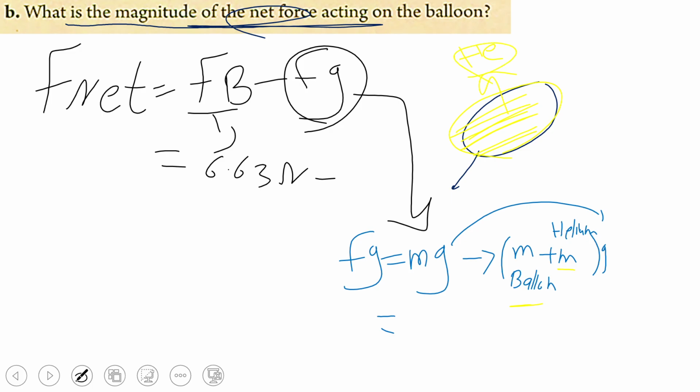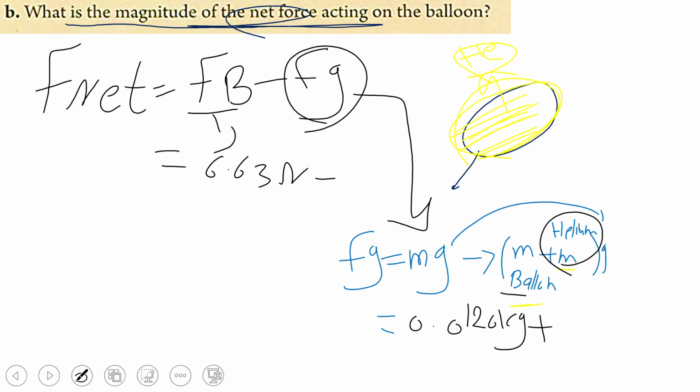That's why. Okay, so the mass of the balloon, in the question it was written, 0.0120 kilogram, plus, but there is no mass of the helium.